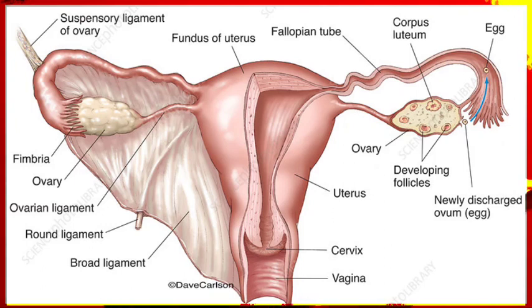That is, out of 2 to 4 million ova, approximately only 400 oocytes are released up to the age of menopause. The remaining oocytes undergo degeneration, because these degenerated oocytes do not function in the female reproductive system.